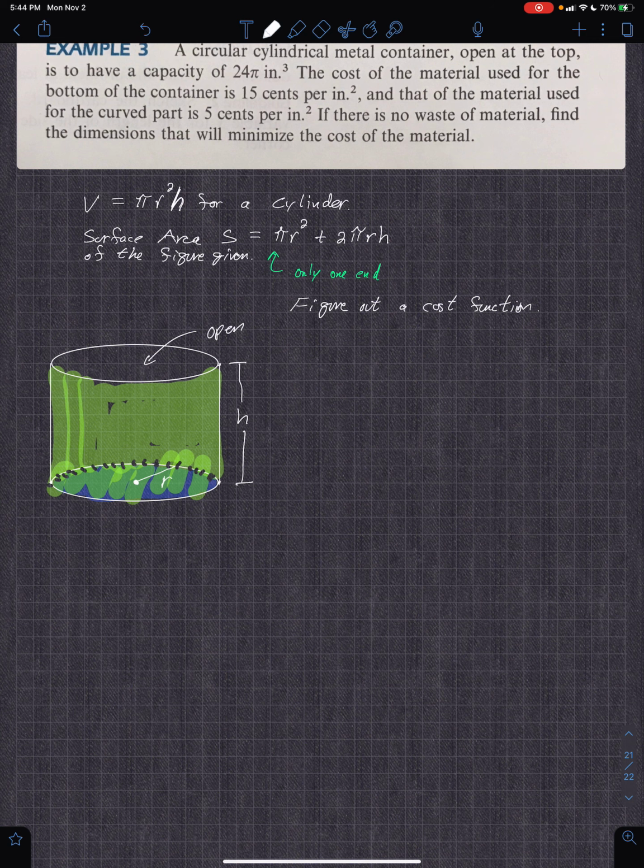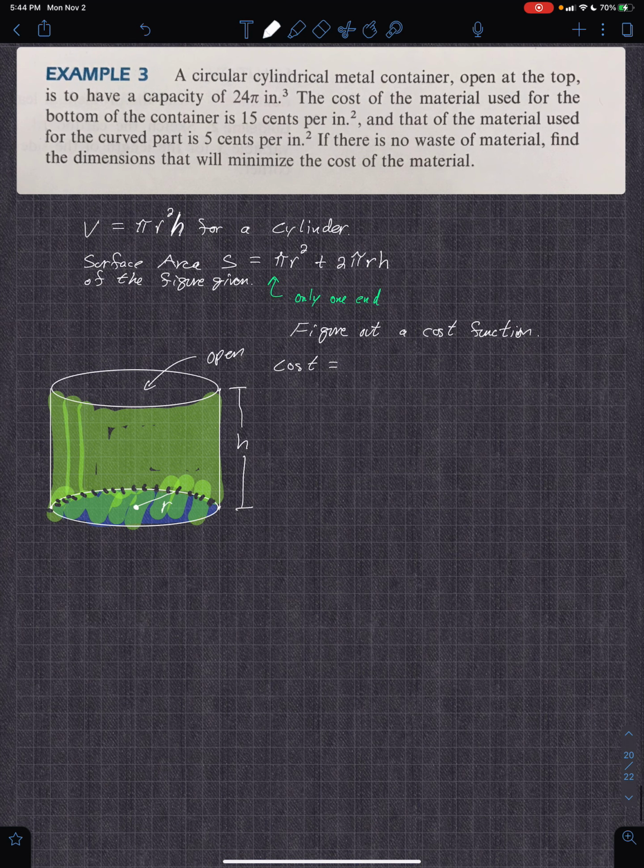So the cost is going to be basically just 15 times the sides plus 5 times, or no, what was it again? Oh, a cylindrical metal can open at the top having a capacity. So this is given as a capacity. Oh, that's where it's going to be used, huh? So that's volume. Capacity is volume. So you have inches cubed.